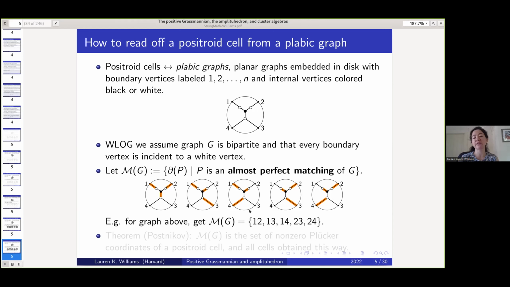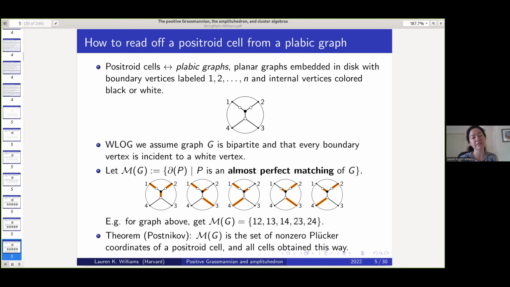Okay, so this is a way to start from a bipartite planar graph G, read off a collection of K element subsets of 1 through N. And the theorem is that this collection, M of G, is the set of non-zero Plücker coordinates of a positroid cell of the positive Grassmannian, and all cells are obtained this way. Please interrupt if there's any questions.